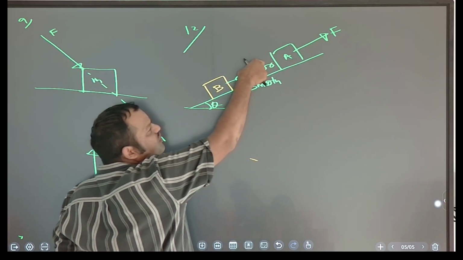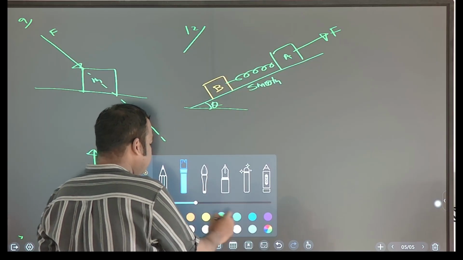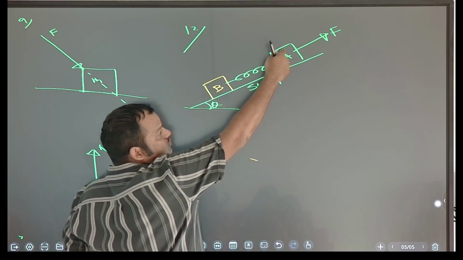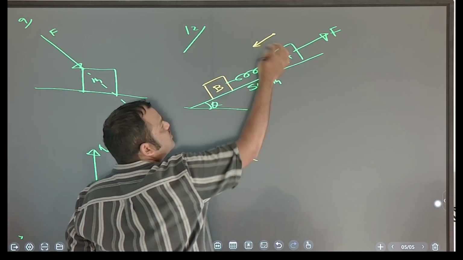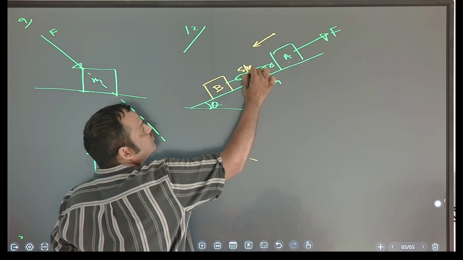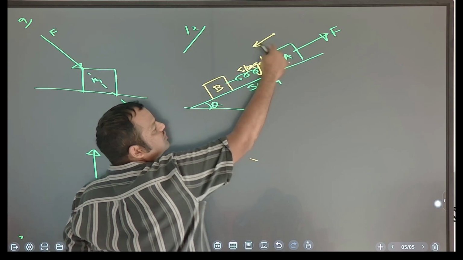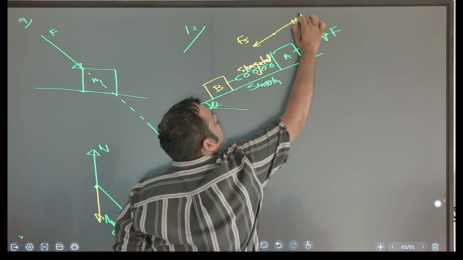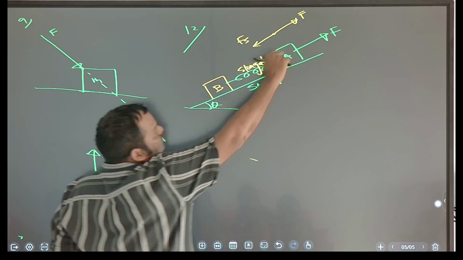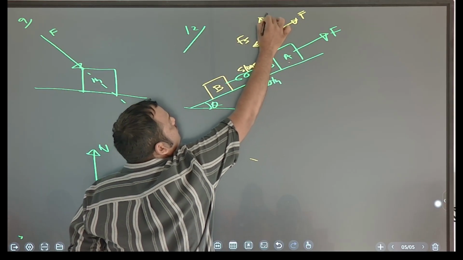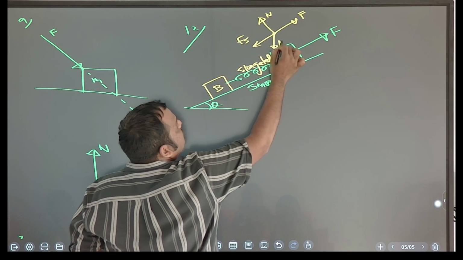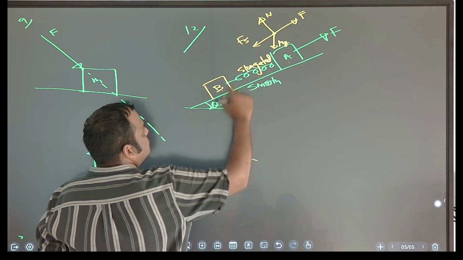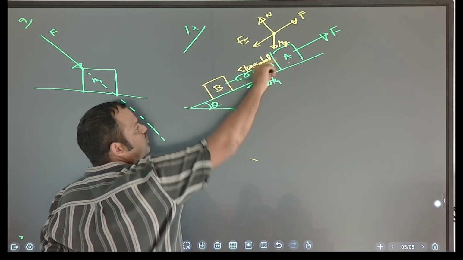So the spring is elongated. Spring force on A, up or down? Spring is elongated, so it will pull A down. So Fs here and F here, correct? And normal, mg, correct? For B, Fs will be up.